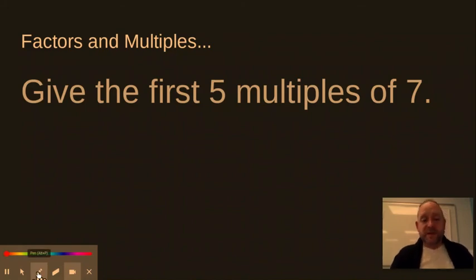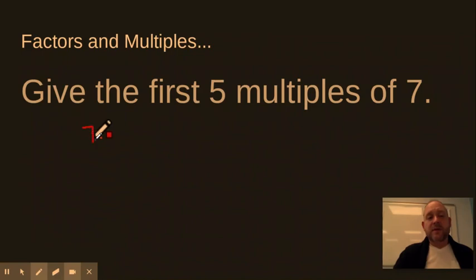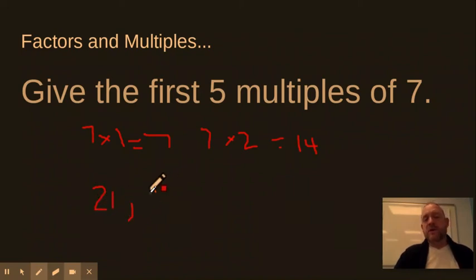All right, so the first 5 multiples of 7, well, we have 7 times 1, which will give me, of course, 7. I have 7 times 2, which will give me 14. Moving on, 7 times 3, I know in my head, is 21. 7 times 4 is 28.